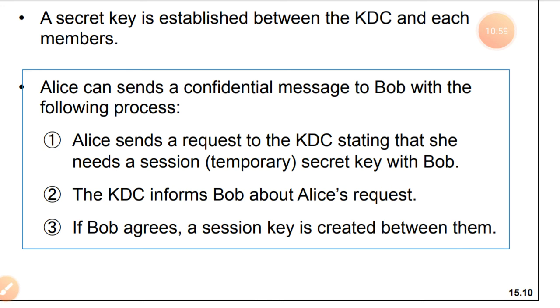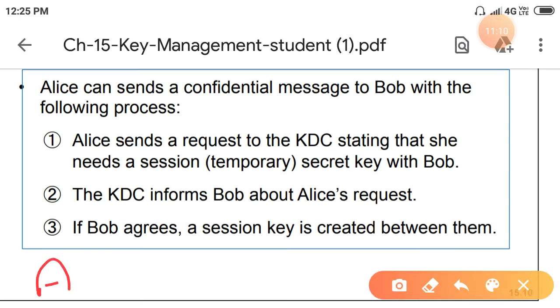Now we'll see one example. Alice can send a confidential message to Bob with the following process. Suppose Alice wants to send a confidential secret message to Bob. What is the process?